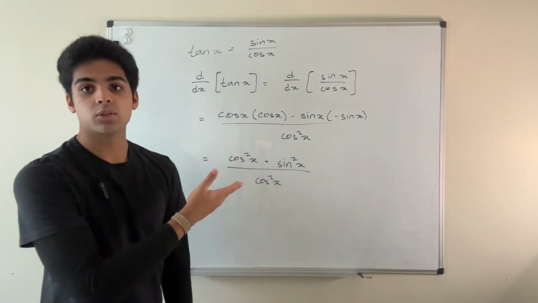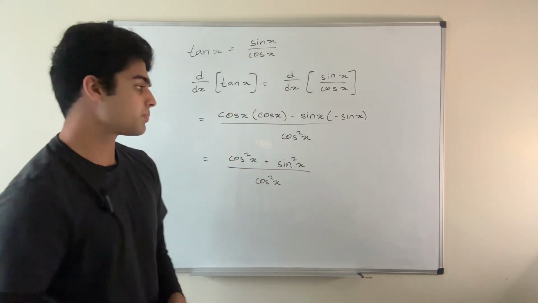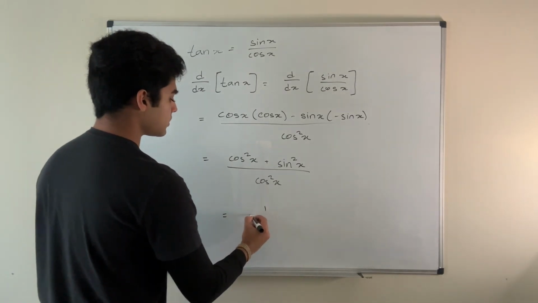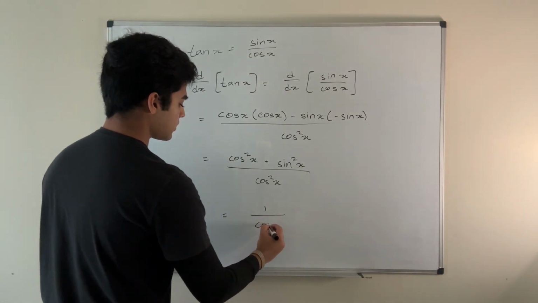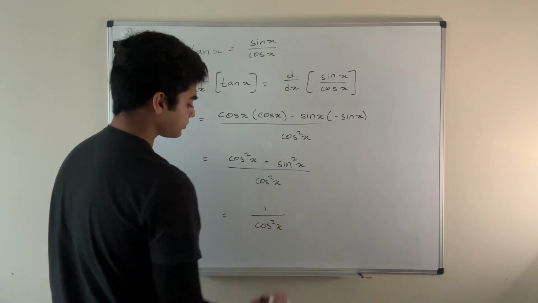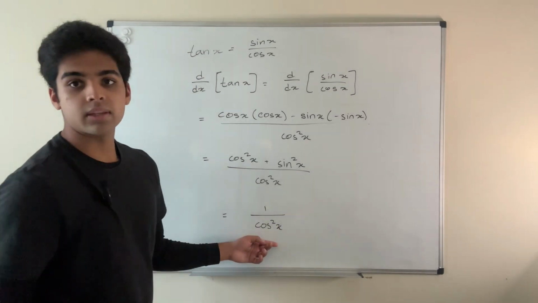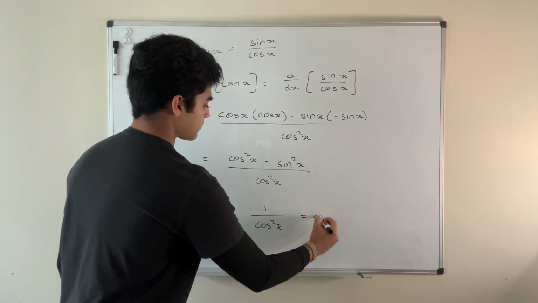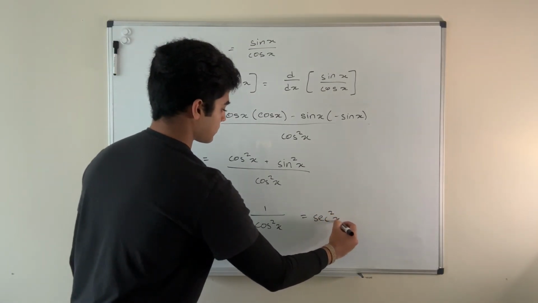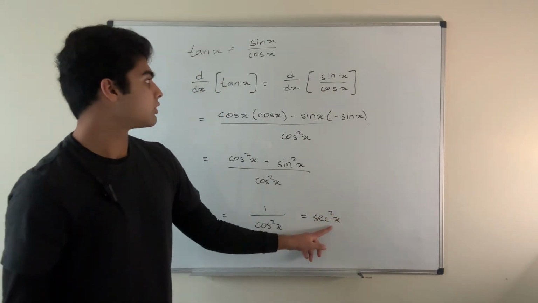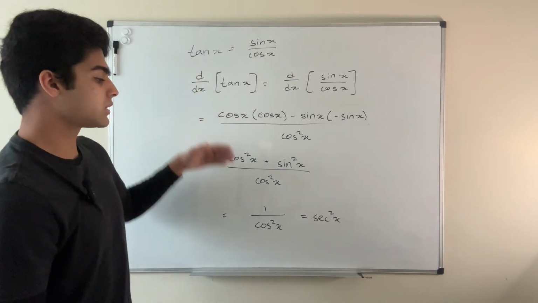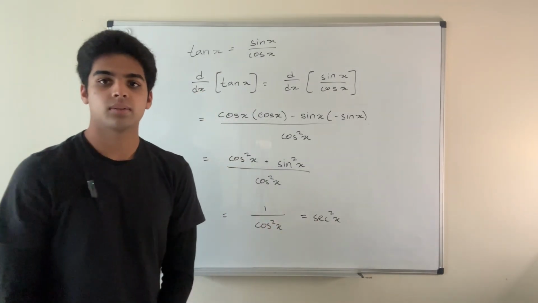Cosine squared x plus sine squared x, we know that's just 1. So this actually simplifies further to 1 over cosine squared x. And this is just secant squared x. Right there. So this is how we prove that the derivative of tangent x equals secant squared x.